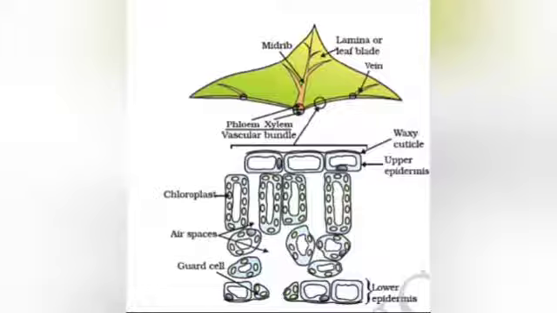There is some chloroplast seen. Yes, this chloroplast contains chlorophyll, and this chlorophyll is very useful for photosynthesis because it absorbs light energy.